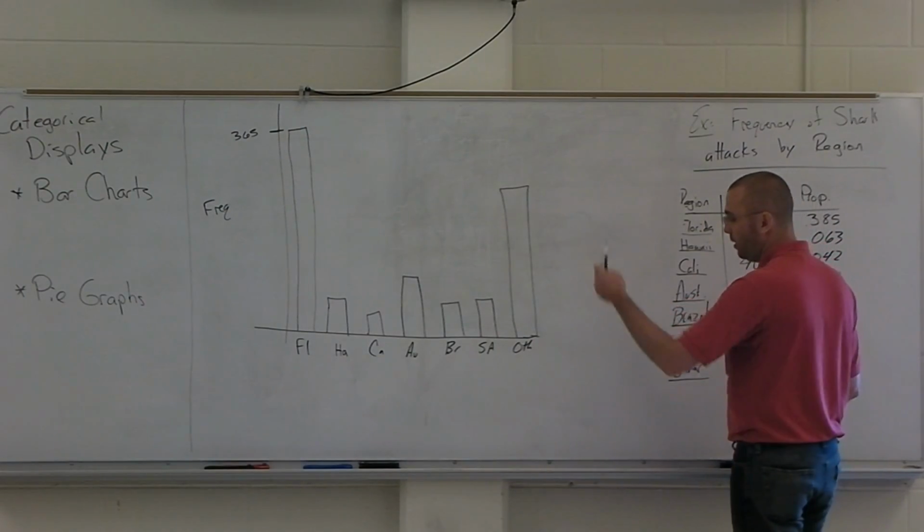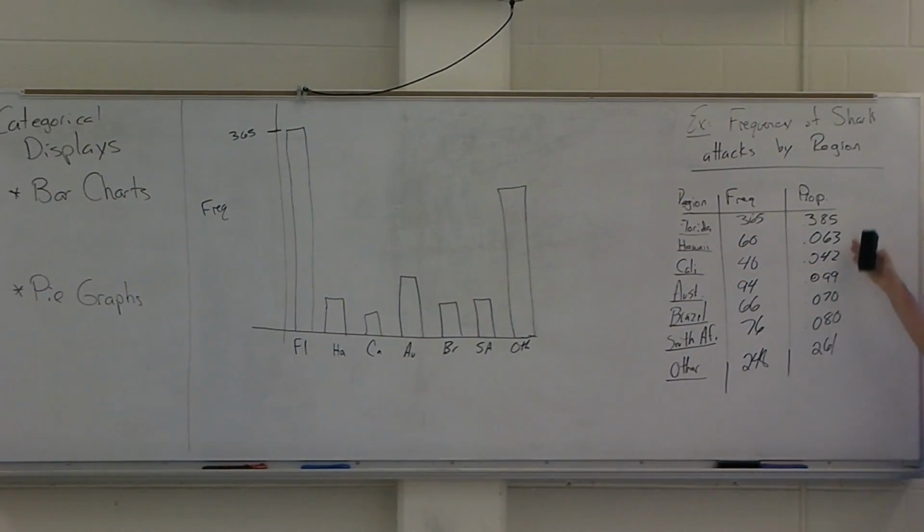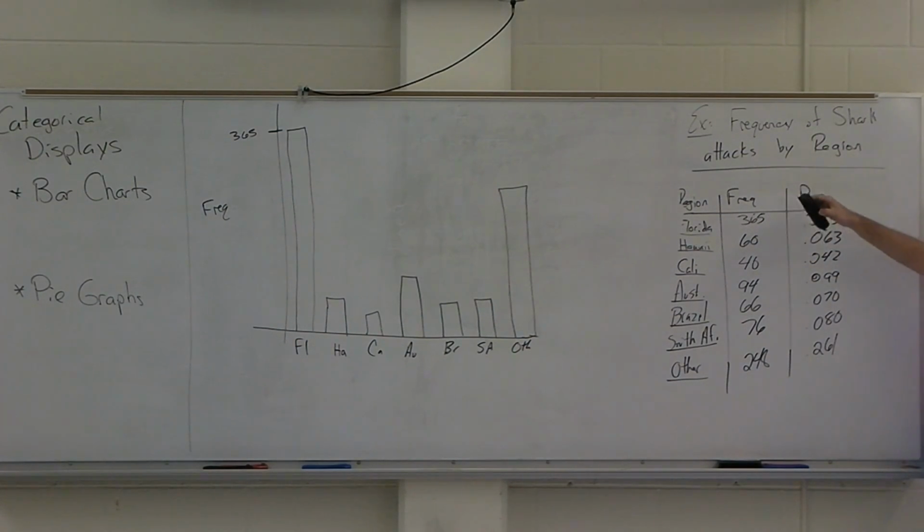All right, pie graphs. Again, you can use this same frequency table. You're going to do the exact same thing, except now you have to worry about everything fitting into your pie evenly. This is where the proportion part comes into play, because you need to make sure that each of your pie pieces has the appropriate proportion in it.